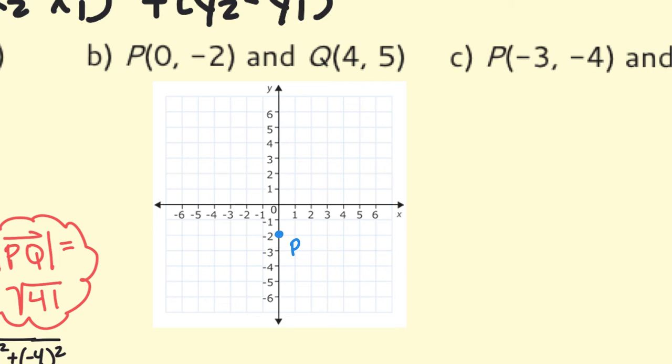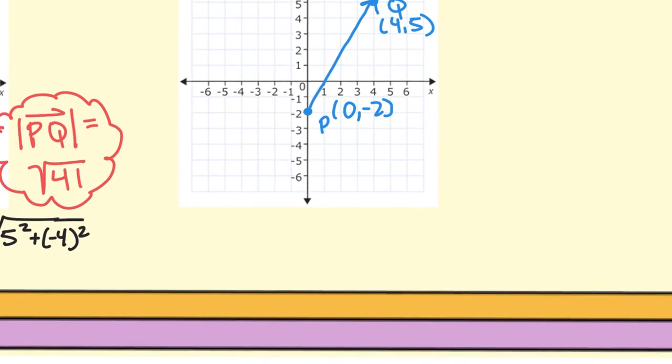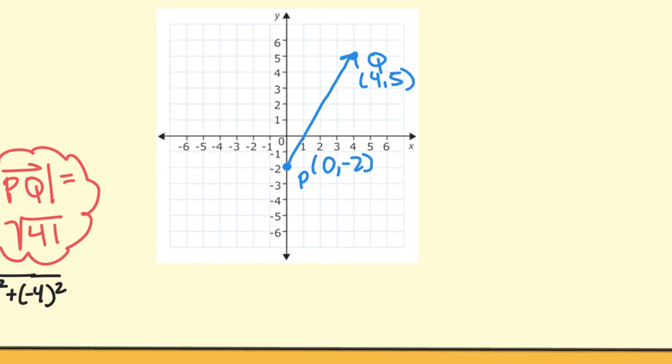And then the terminal point at 4, 5. And connect those. And now I'm going to label these 0, -2, 4, 5. And we're going to use our distance formula to find the magnitude of these points.